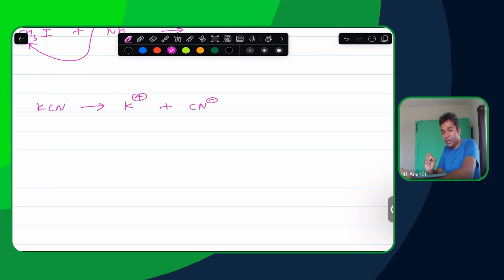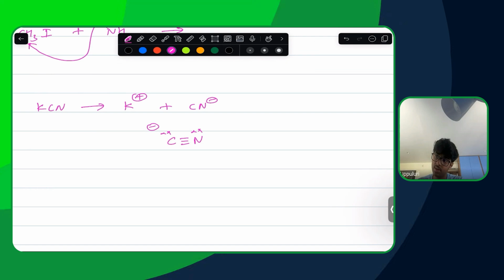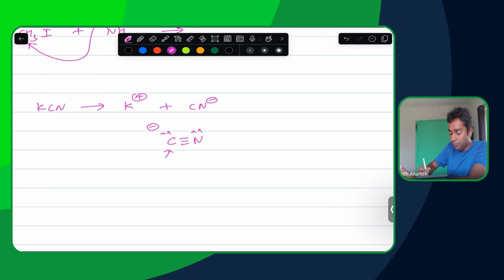Cyanide is going to have lone pairs on both locations. Ambident. The carbon, with the minus, is much less electronegative than nitrogen, a far better nucleophile and basic location than nitrogen. So the carbon will be the attacking end. This will go attack.